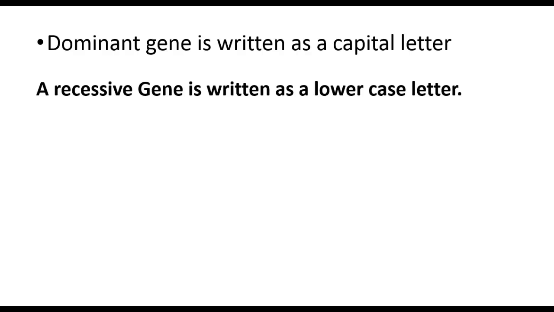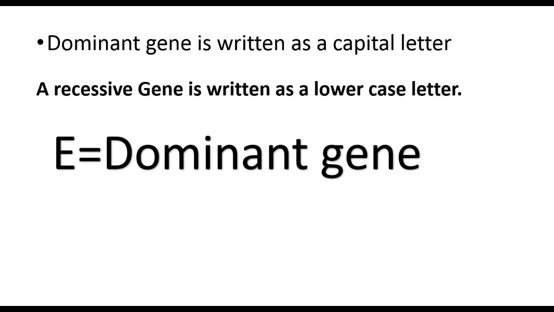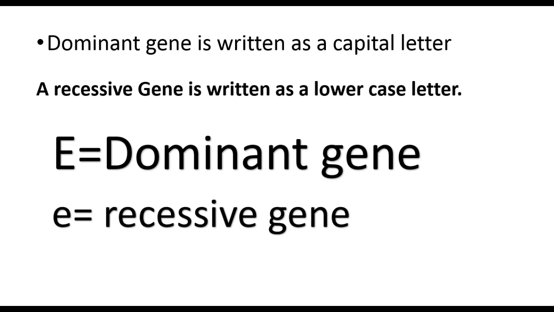Recessive genes are written as lowercase letters. If we're told that someone has a dominant gene, we must write it as an uppercase letter or a capital letter. If we're told that a person has a recessive gene or a recessive trait, then we write it as a lowercase letter.